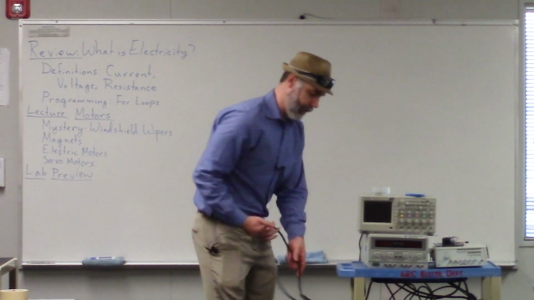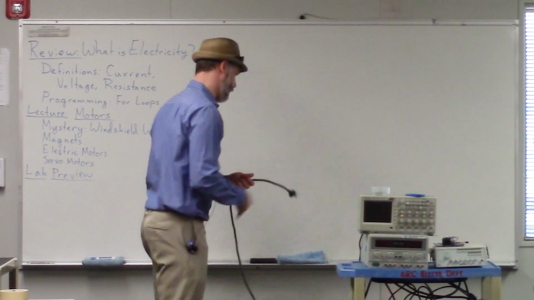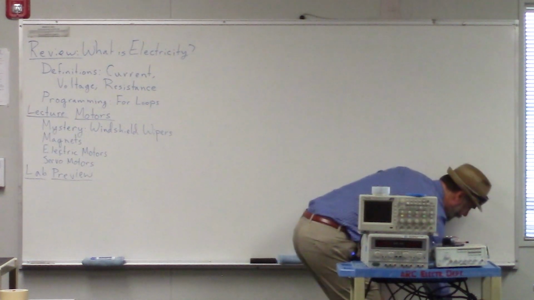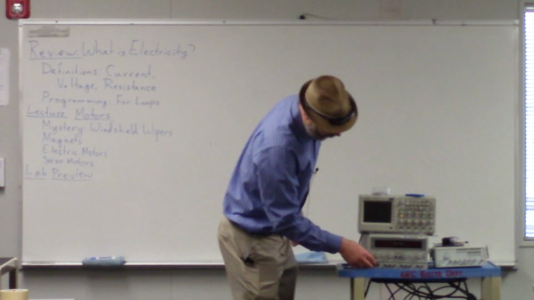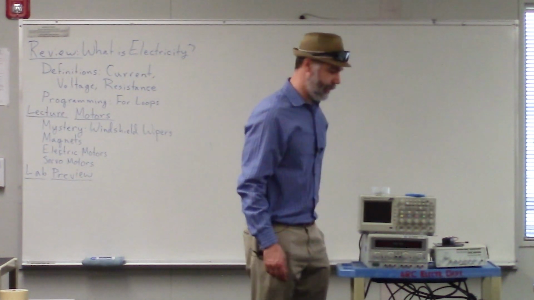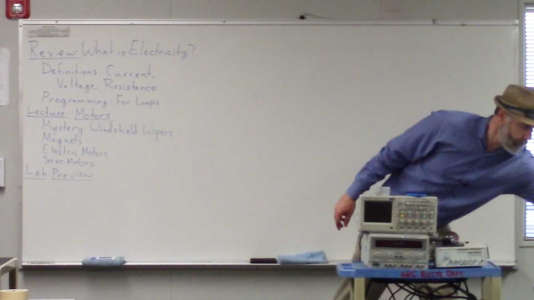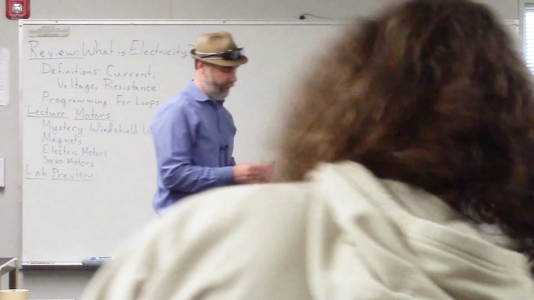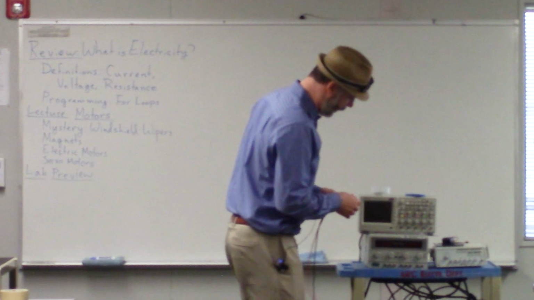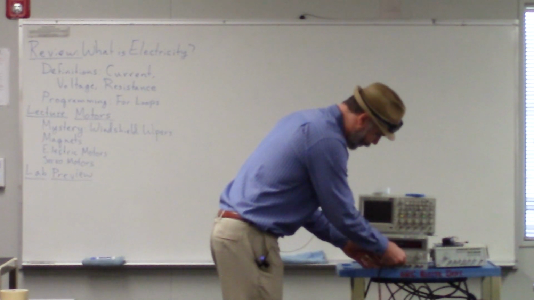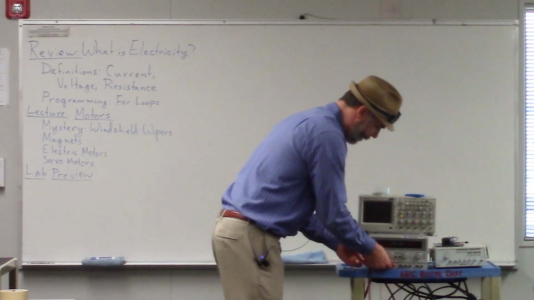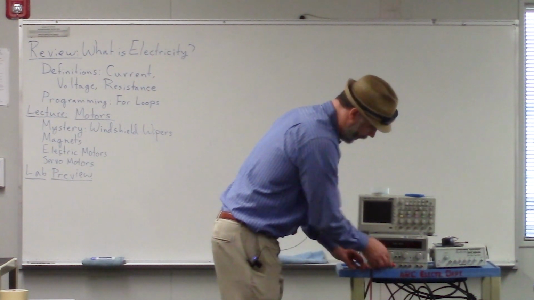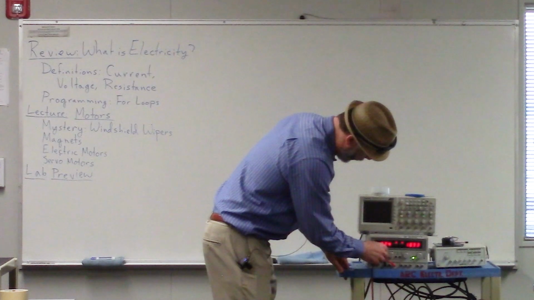If we plug this into the wall, this is going to create some electricity, and I can attach that to my coil of wire that's wrapped around my nail, and that should create an electromagnet. Let's see if it works. So I'll put this on.